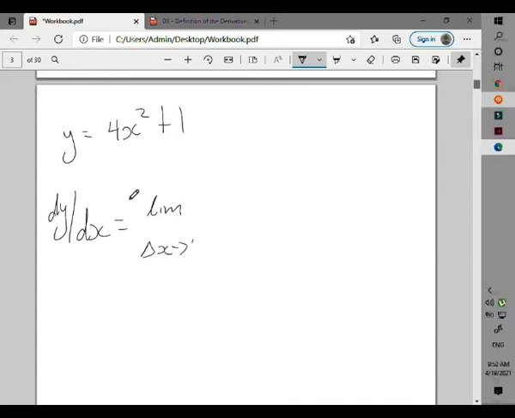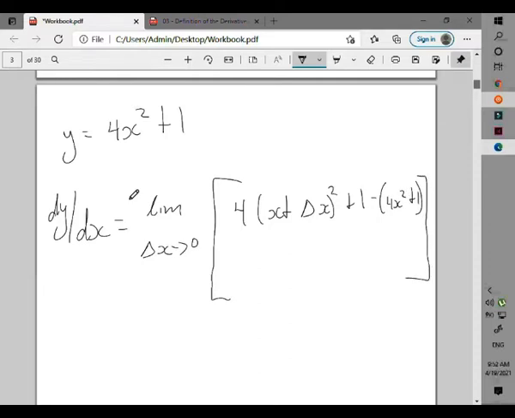This maps onto 0. So what I have here now is 4 in bracket x plus delta x squared plus 1 minus 4x squared plus 1 close bracket. And this is all going to be divided by delta x.